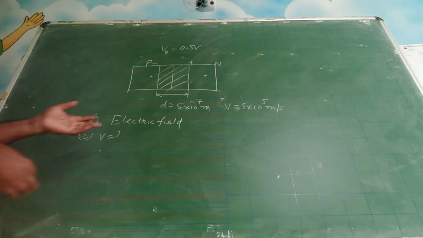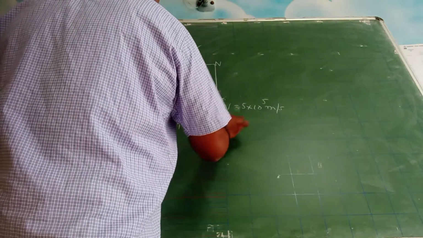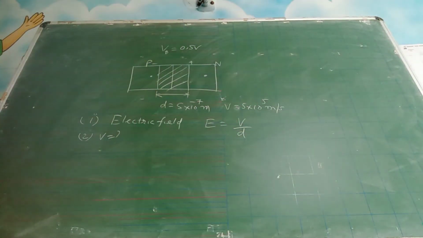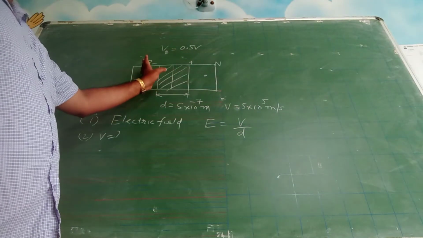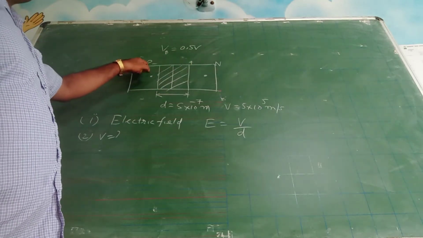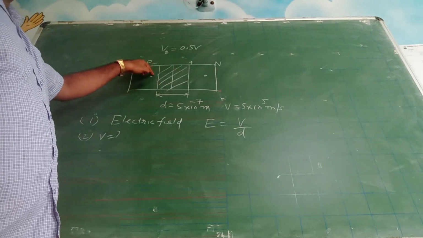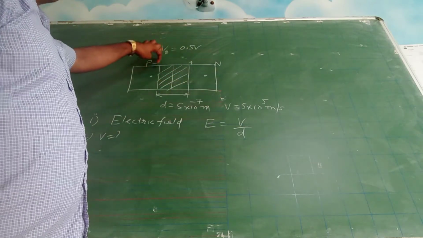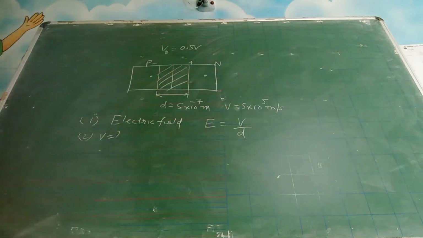For the first part, you know that electric field is equal to V divided by the distance. Treat this as two parallel plates, positive, negative potentials. So the electric field in between them is the potential difference divided by the distance of separation.